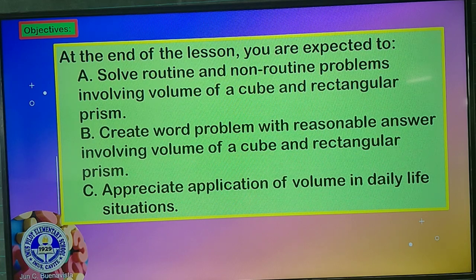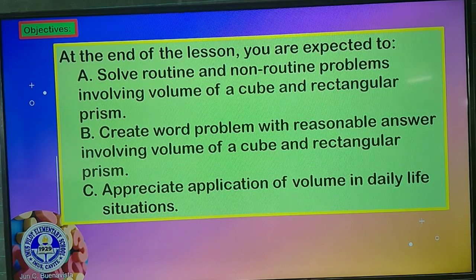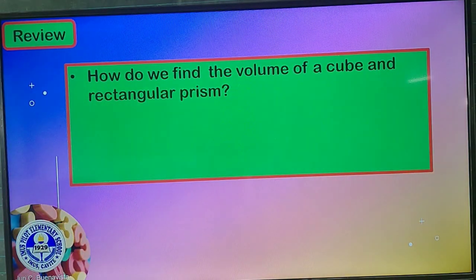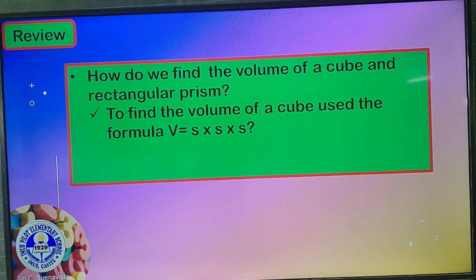Last week we studied how to get the volume of a cube and rectangular prism. So again, how do we find the volume? To find the volume of a cube, we use the formula V equals S times S times S, wherein V is the volume and S is the side of the cube.